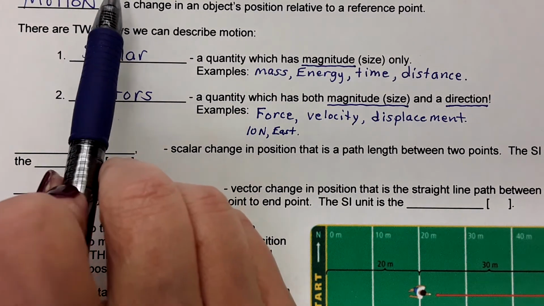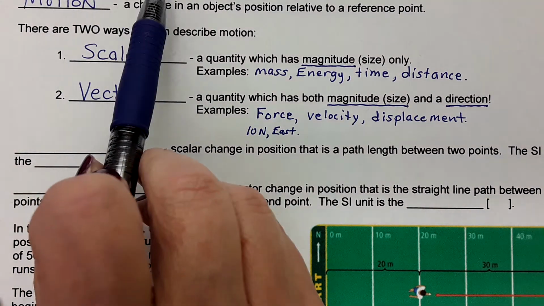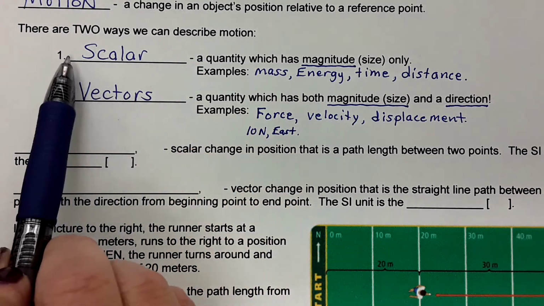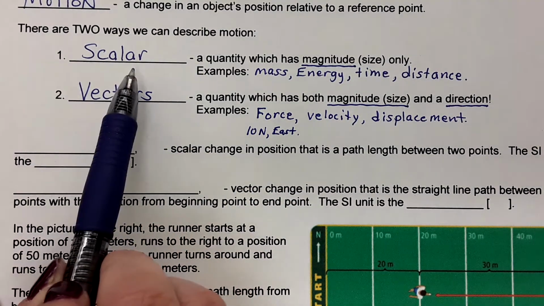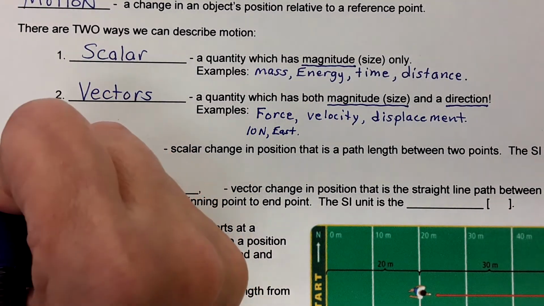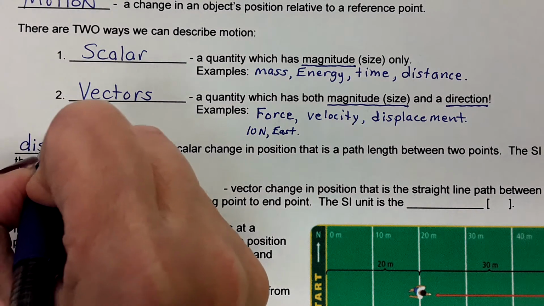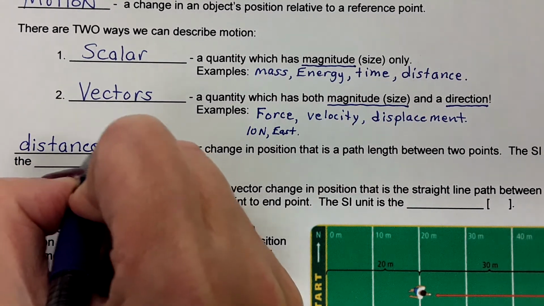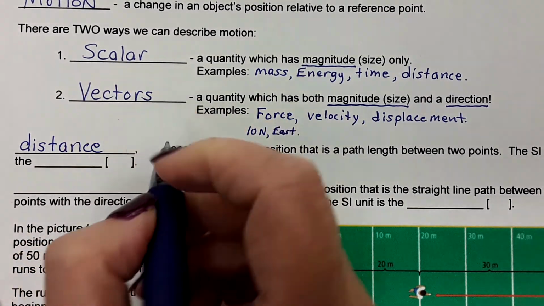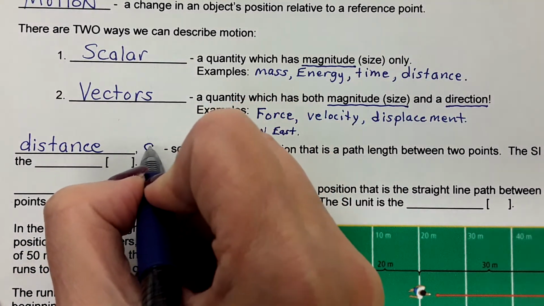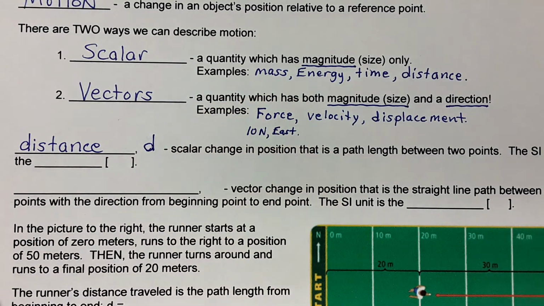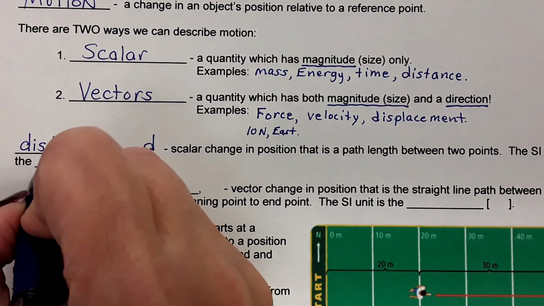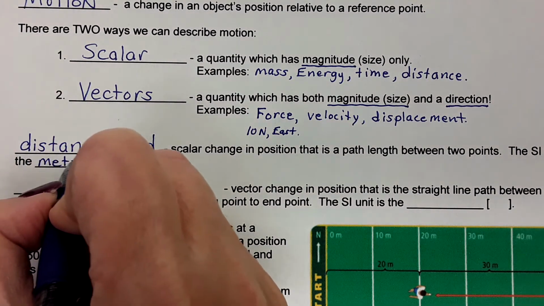Okay, now let's talk about these two quantities and how we can use them to describe motion. Remember, we're looking right now at describing change in location. Well, let's see. What is change in location as a scalar quantity? Well, that is distance. Distance is a change in position. We use a letter D to represent distance, and the SI unit of measure is the meter.